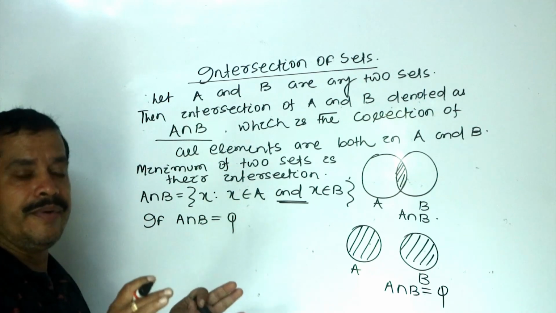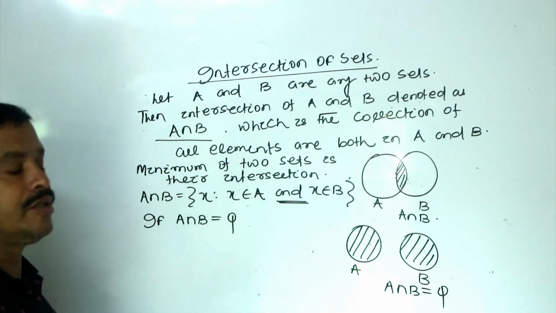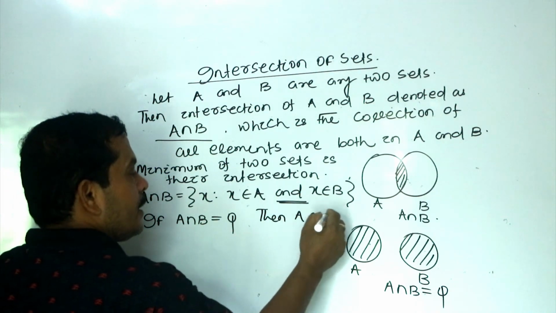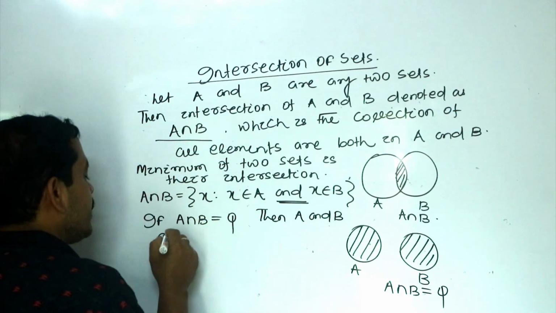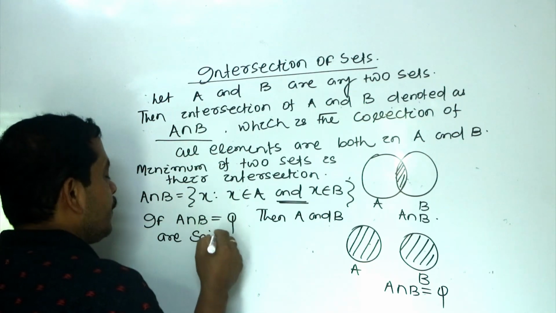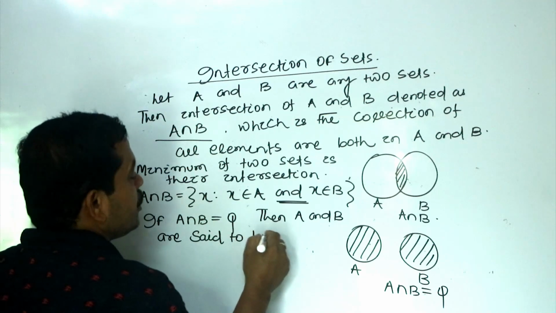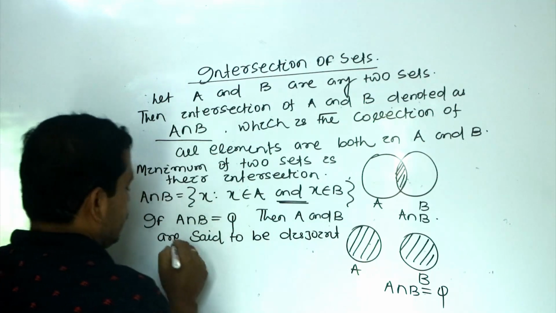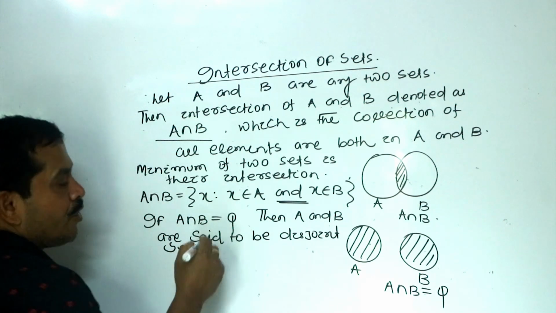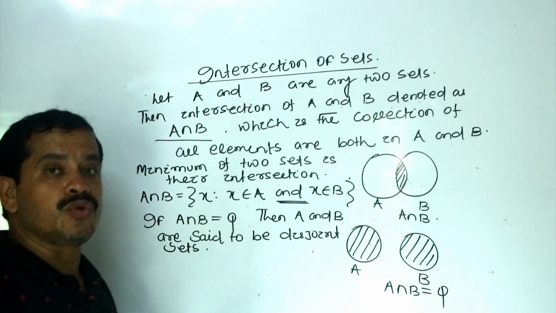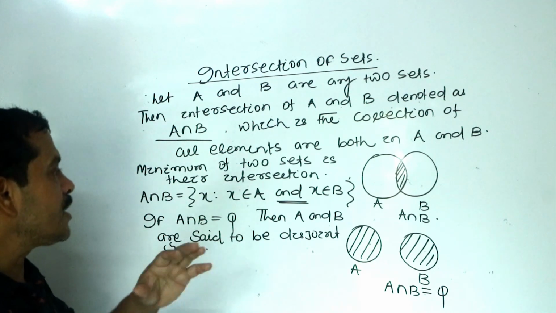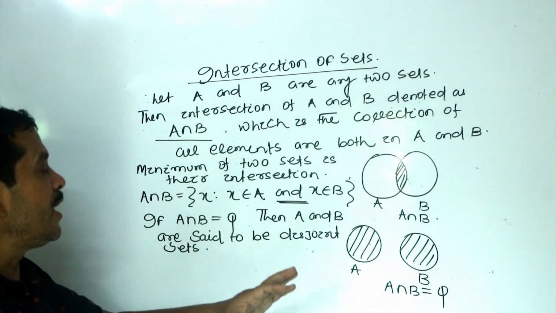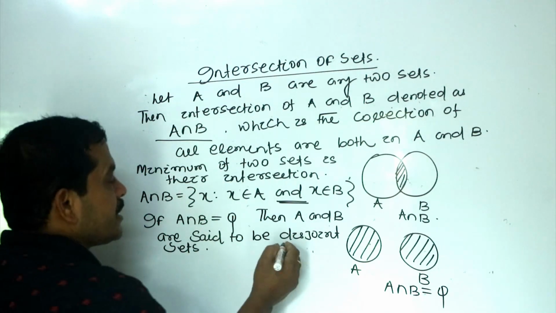So if A intersection B is phi, then A and B are said to be disjoint sets, or they are also known as mutually exclusive sets. If the intersection of two sets is phi, then they are said to be mutually exclusive or disjoint sets.